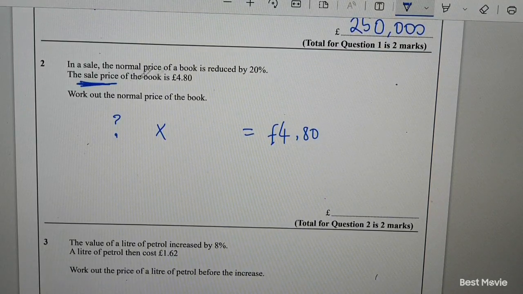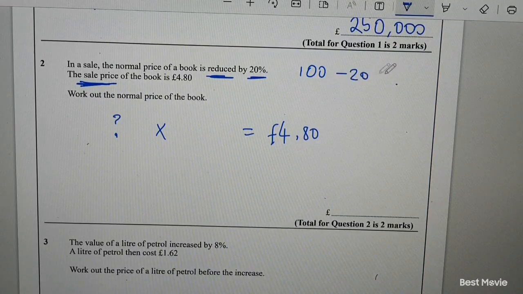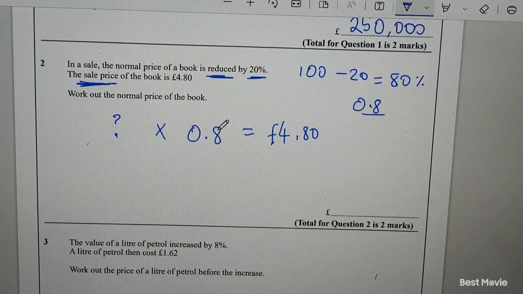So you just highlight the keywords there. So reduction of 20%, you start with 100 and take away 20%, which is 80%. And the decimal value of 80% is 0.8. So this is my multiplier. So to find what the normal price is, we're going to divide by 0.8.